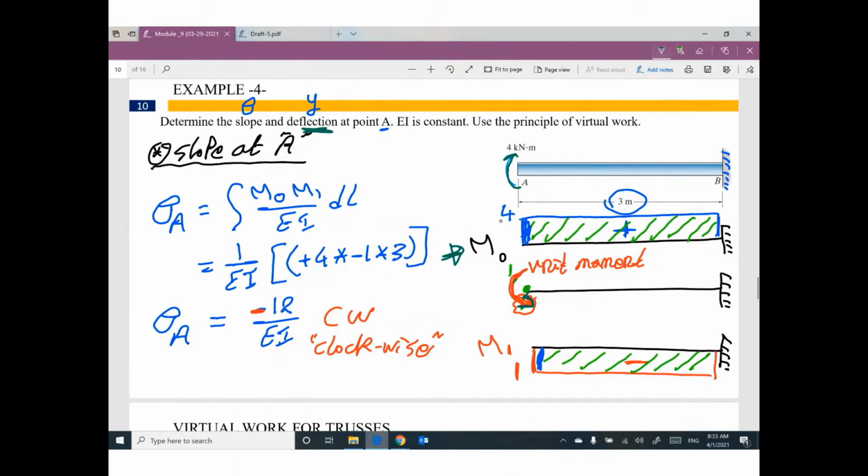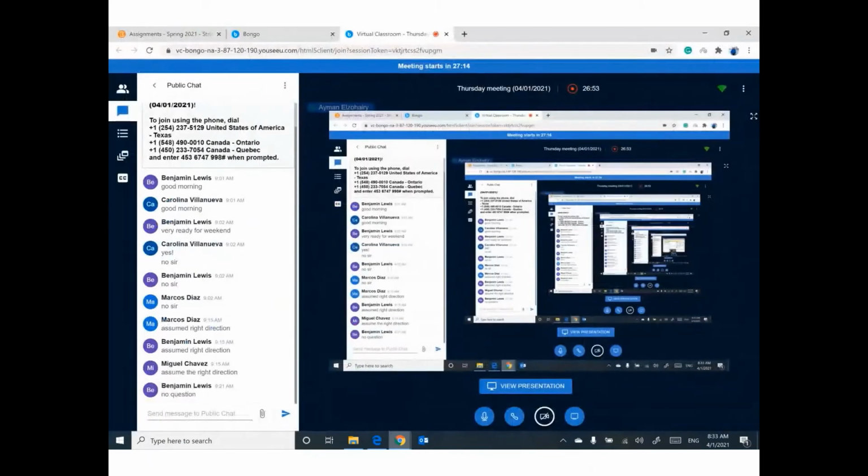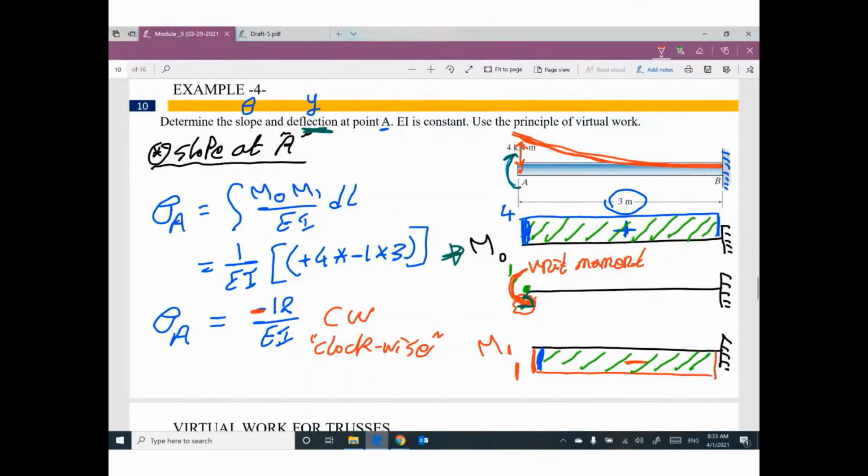So I believe the deformed shape of this beam looks like this. So this point will move up. That makes sense for me. Anybody has any question? Guys, do you have any questions so far?